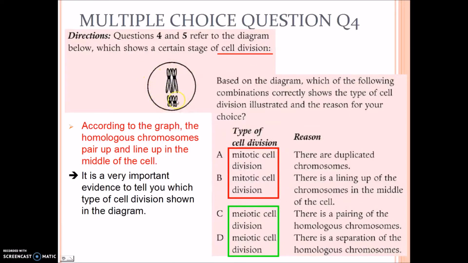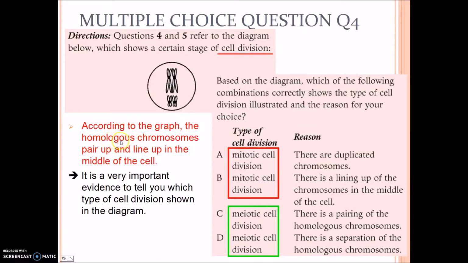That's what we can observe from the diagram. So in this case, I can tell you that's the stage of metaphase. But I don't know whether it should be metaphase, metaphase 1 or metaphase 2. You tell me the answer.